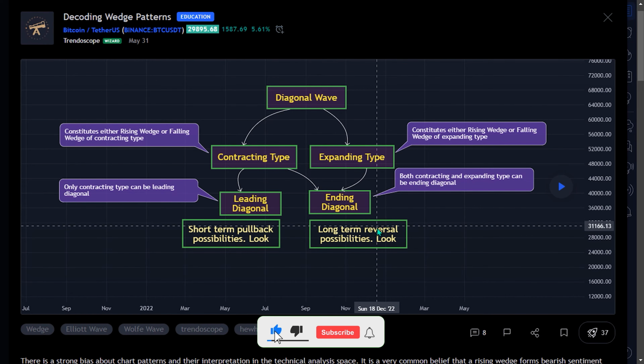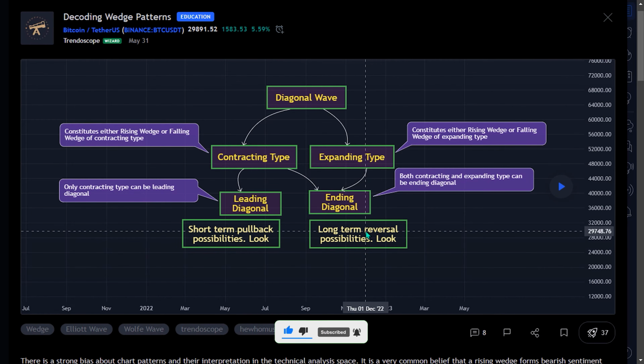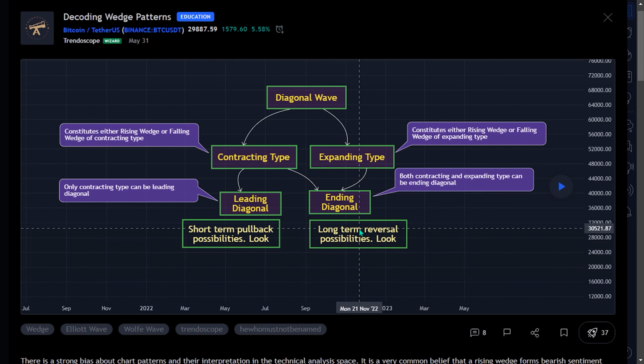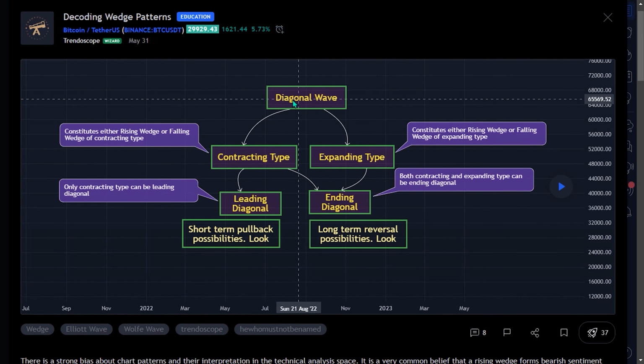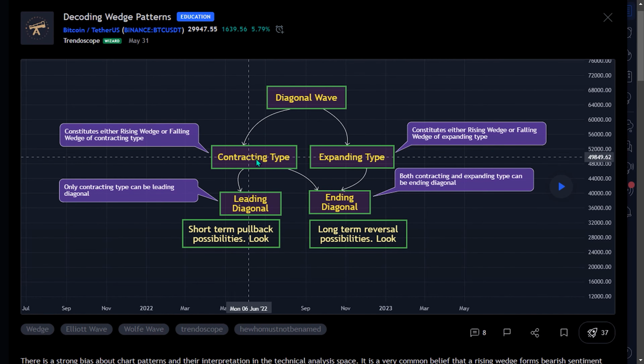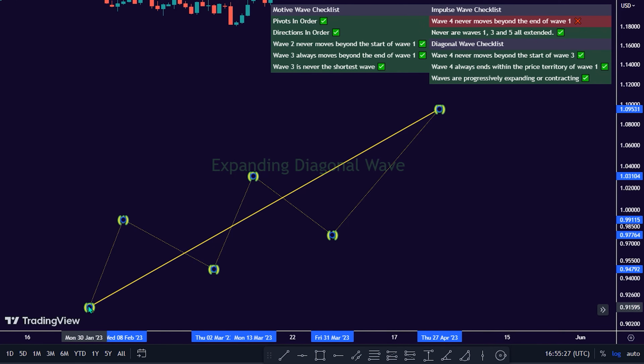As you can see, there is a strong bias about chart patterns and their interpretation in the technical analysis space. We need to understand that diagonal waves of contracting types are the same as that of contracting wedge patterns, and the diagonal waves of expanding types represent expanding wedge chart patterns. Diagonal waves can appear as subwaves in multiple parts of the entire Elliott wave.